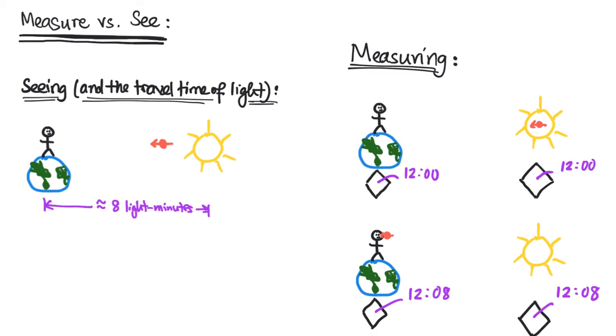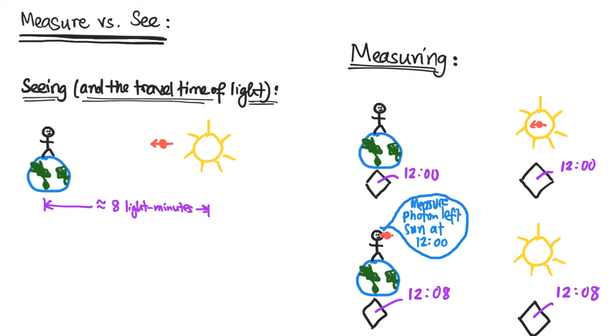Okay, and so they get a measurement of 12:08, but they have to correct for it by subtracting off 8 minutes, and they can therefore say that I measured the arrival of the photon at 12:08. I know the sun is 8 light minutes away, therefore I measure that the photon left the sun not at 12:08, but at 12 on the nose.